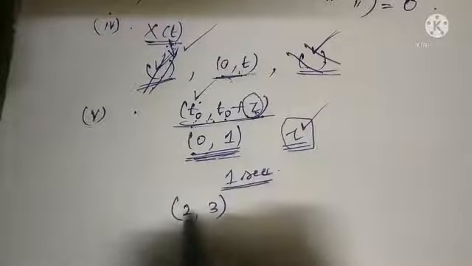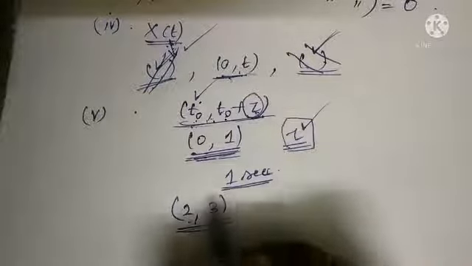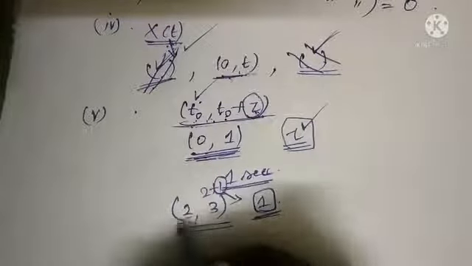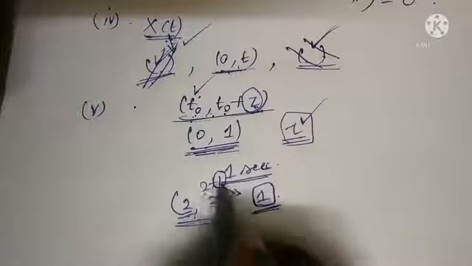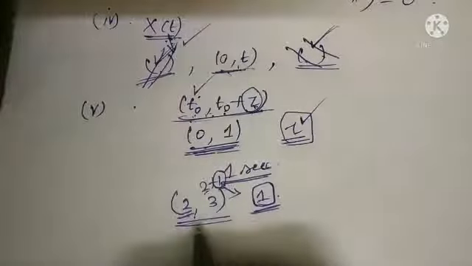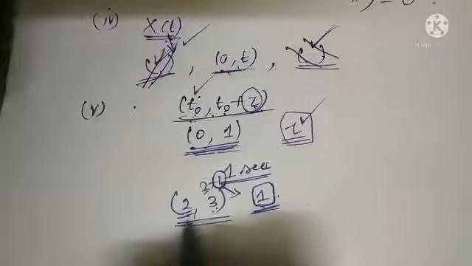The event which occurs a specified number of times in the interval 2, 3 depends only on this 1 second, tau, not on t0, which is 2. That is the fifth postulate.